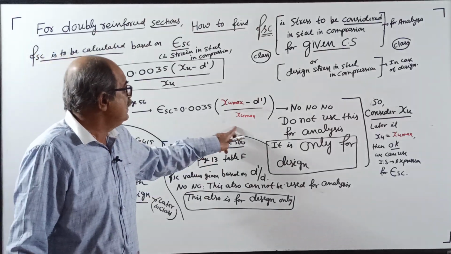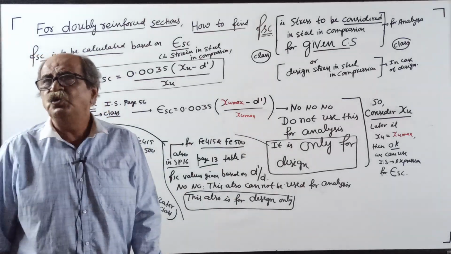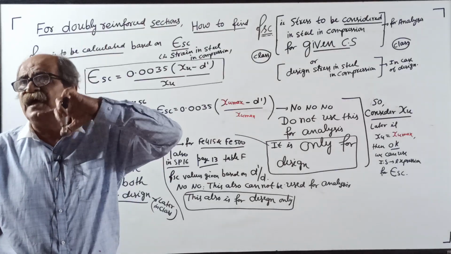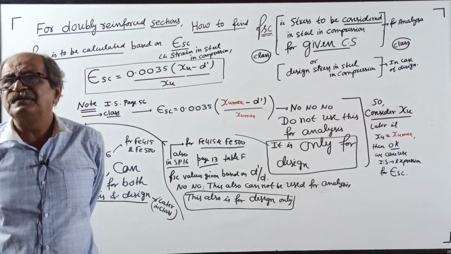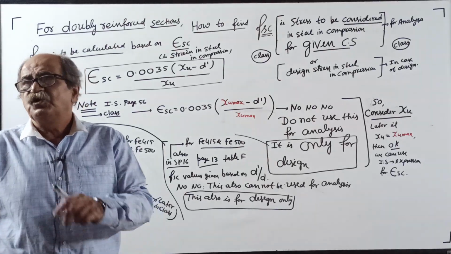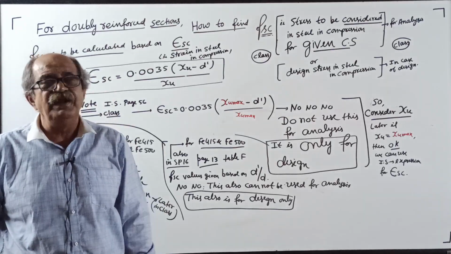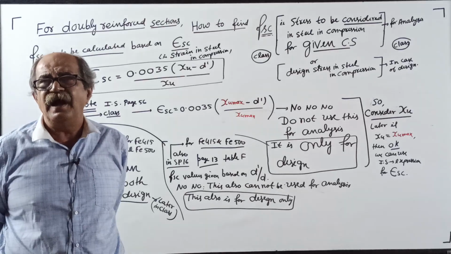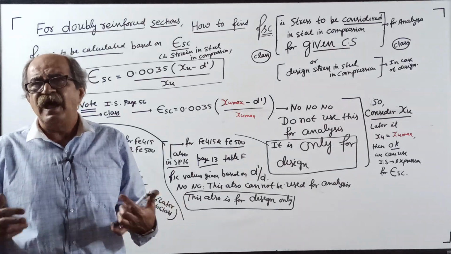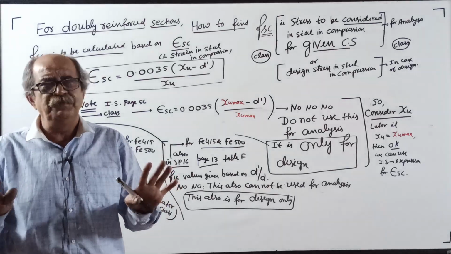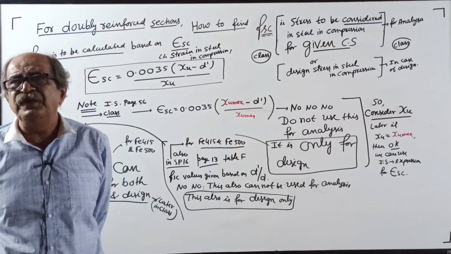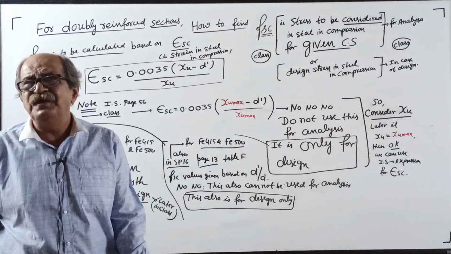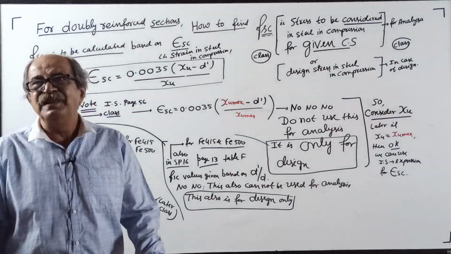Now, what mistake they make and how to correct it, that all will come exclusively in a series of classes by me. I am preparing the series of classes on common mistakes committed everywhere, by the majority. Again, every time I will tell, I am not the only one knowing. There are people who know it. But people who do not know the basic concept, percentage wise, I don't want to tell, leave it now.